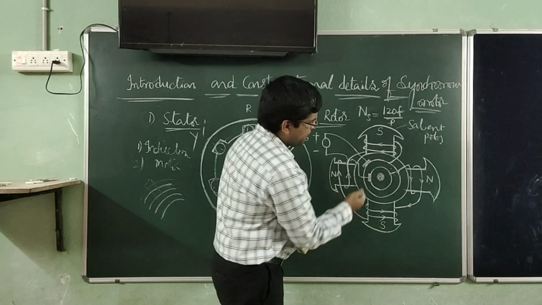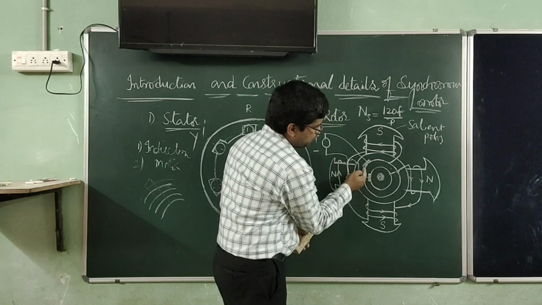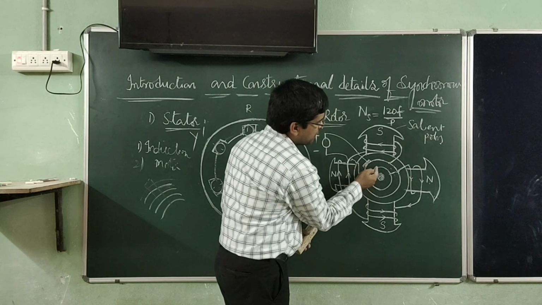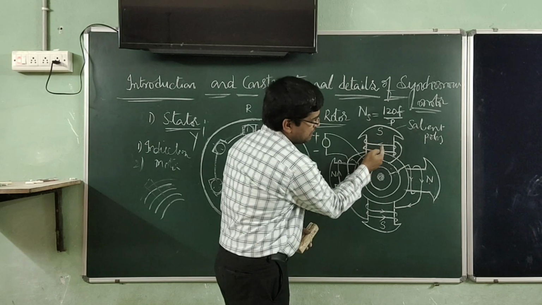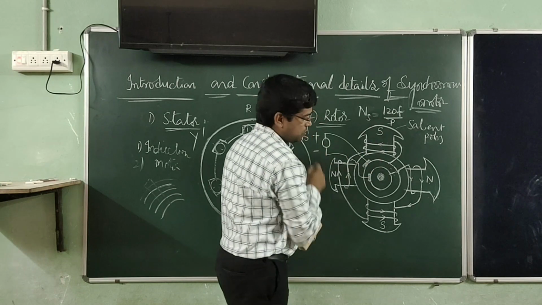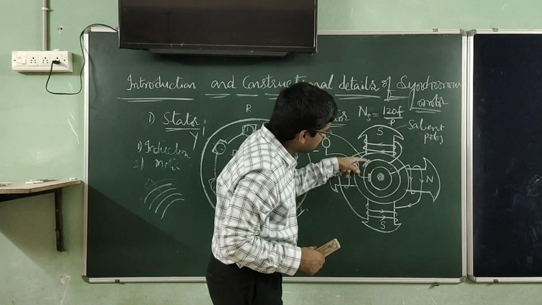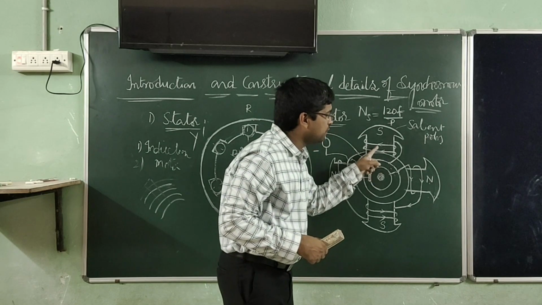Through the slip rings, we have connected the field winding to the DC source, so direct current flows through the field winding.